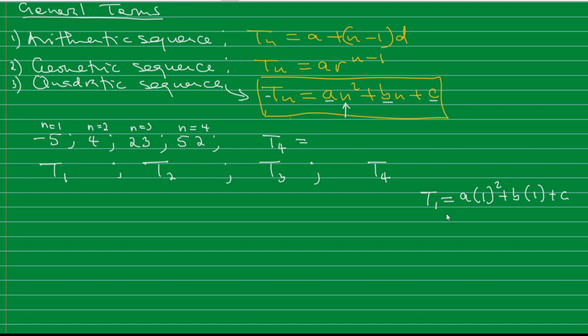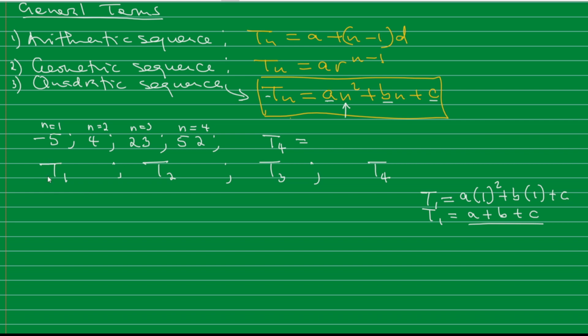When we simplify this, T1 is a plus b plus c. It tells us that for every quadratic sequence, the first term is always a plus b plus c.